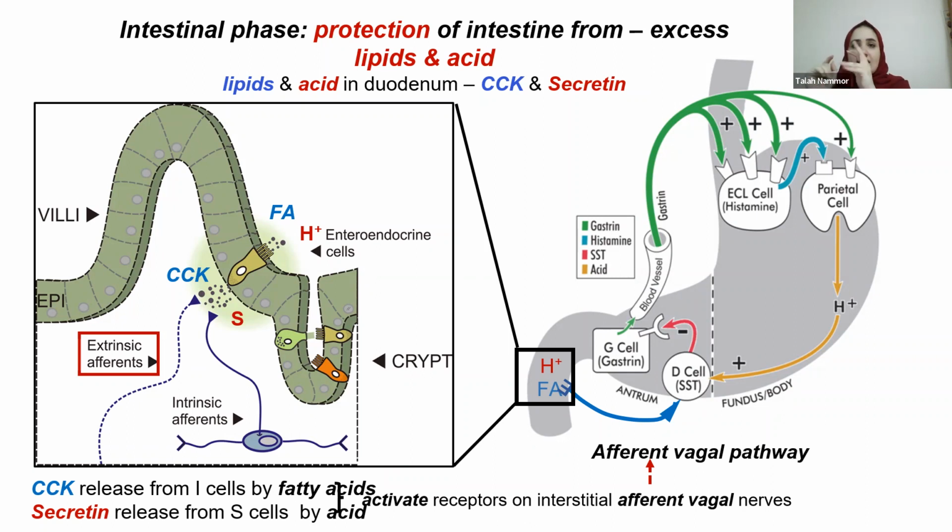I cells release CCK, and S cells release secretin. Those two will stimulate the vagal pathway, the vagus nerve, to activate the D cells so that somatostatin is released. Okay? Guys, this is a very easy slide.